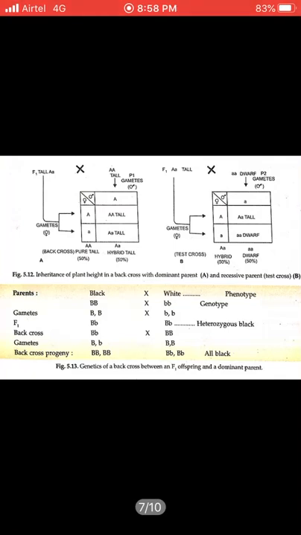Here we will see how to make a cross with an offspring showing the dominant character.